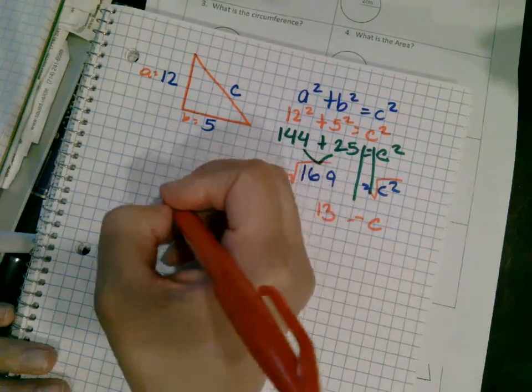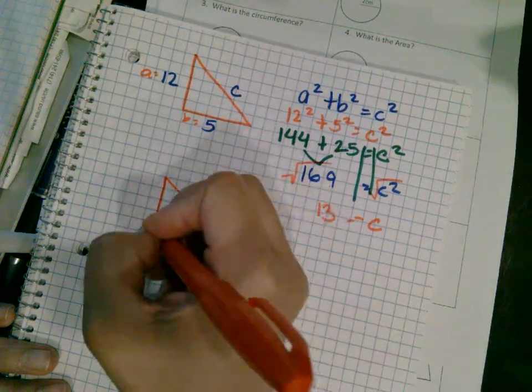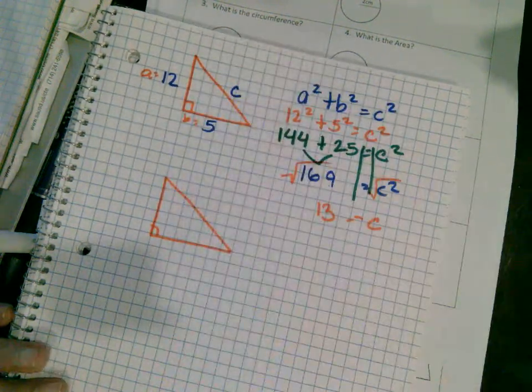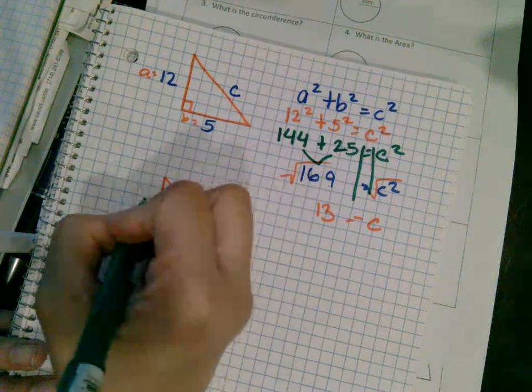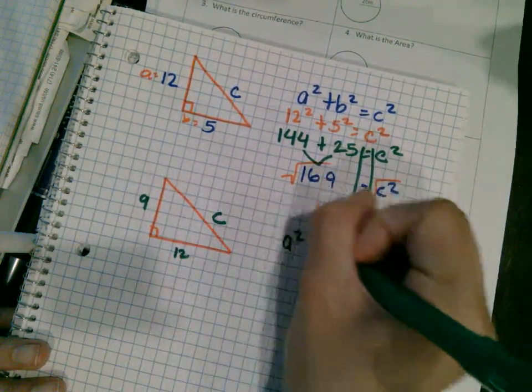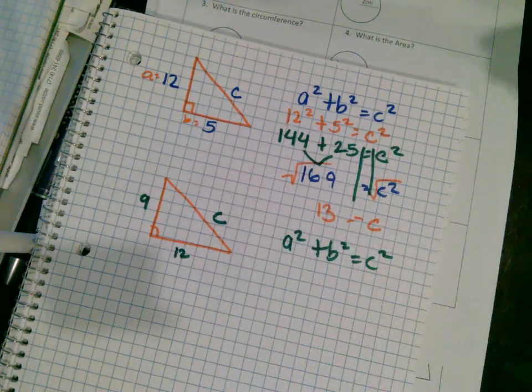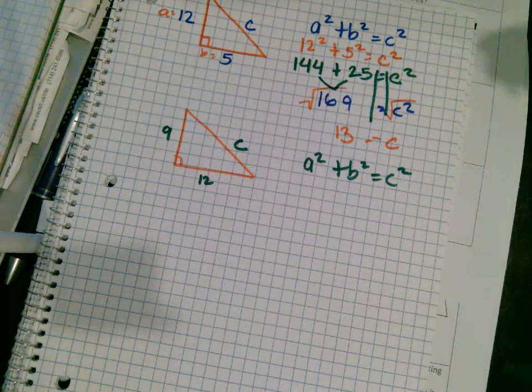More together. So 9, 12, C. A squared plus B squared equals C squared. Go ahead and plug in the numbers before I do.